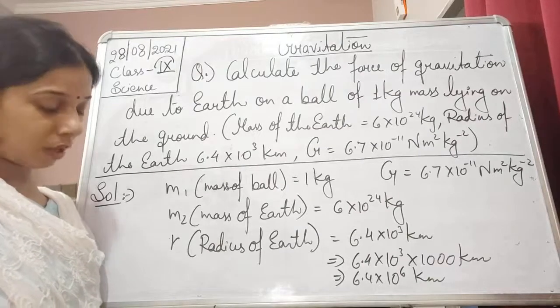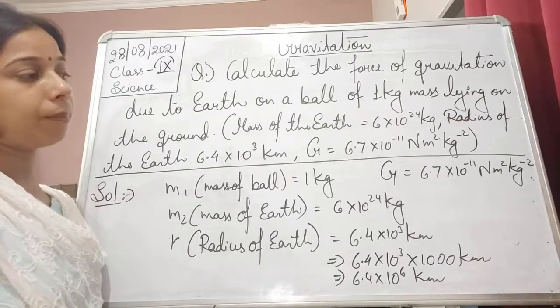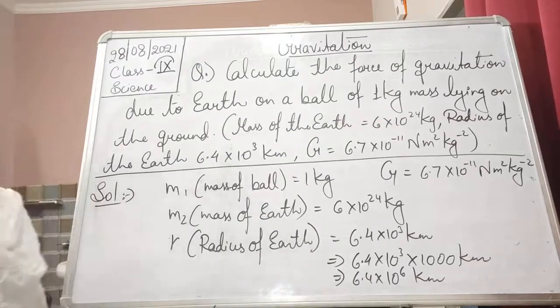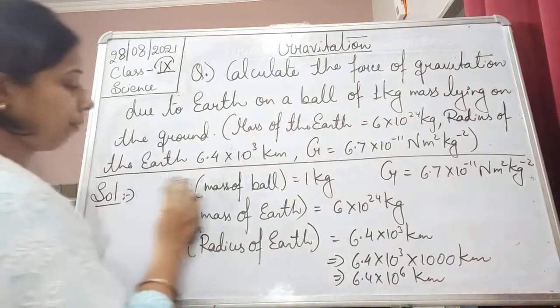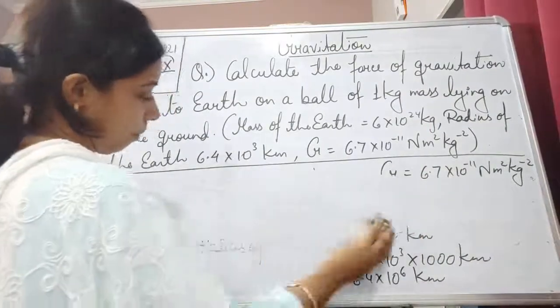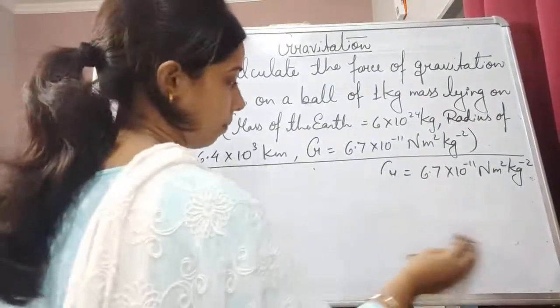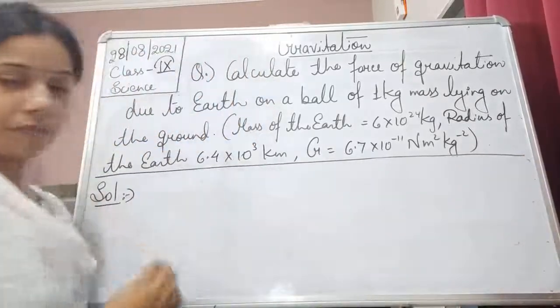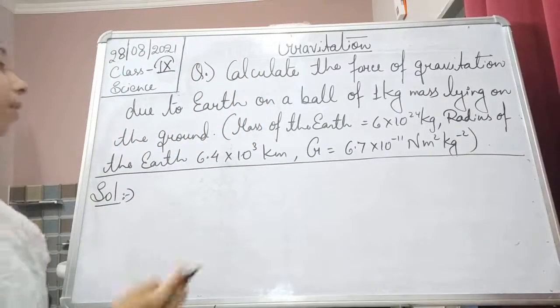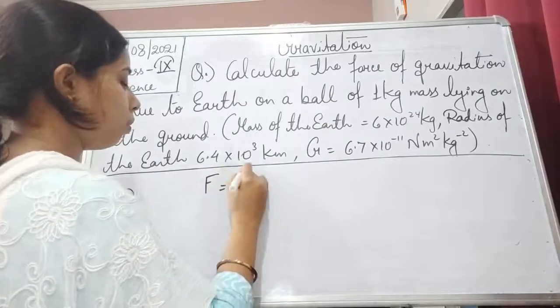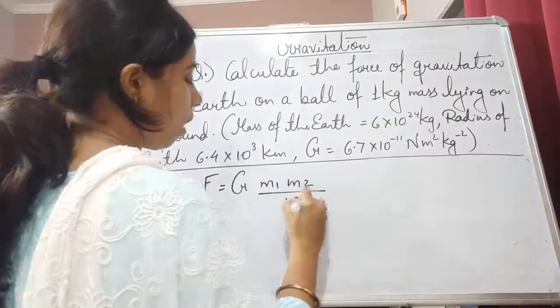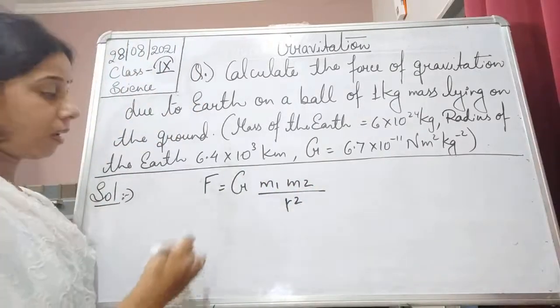Now let us put the values in the formula of the universal law of gravitation. F is equal to G m1 m2 upon r square, right?